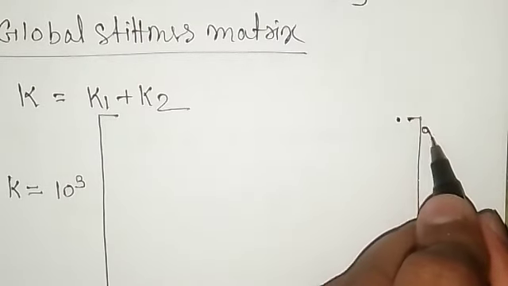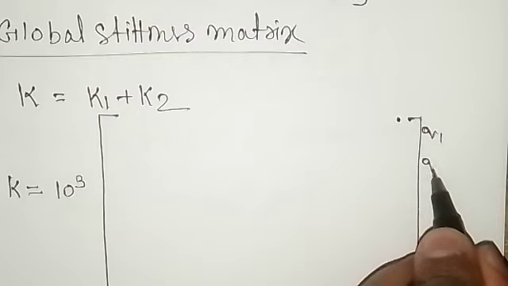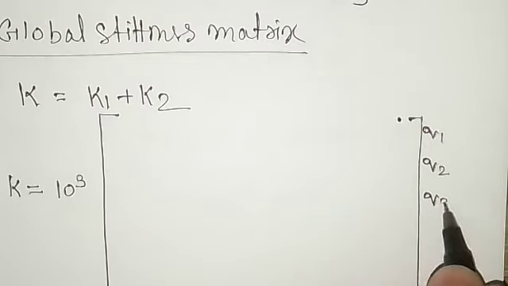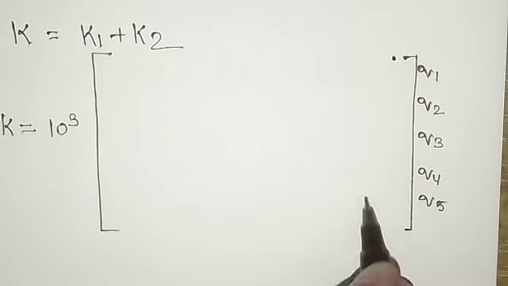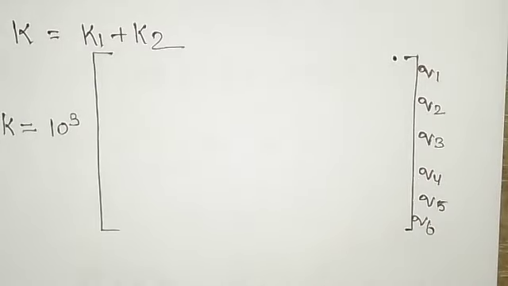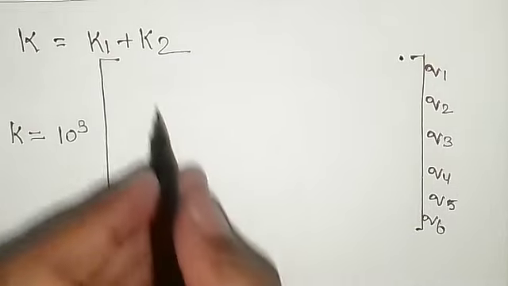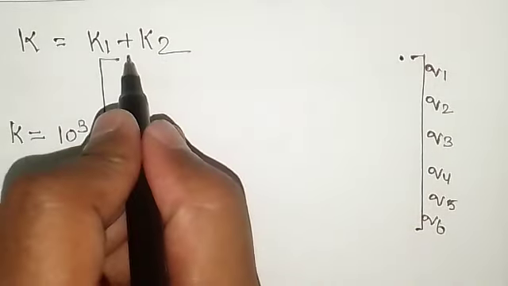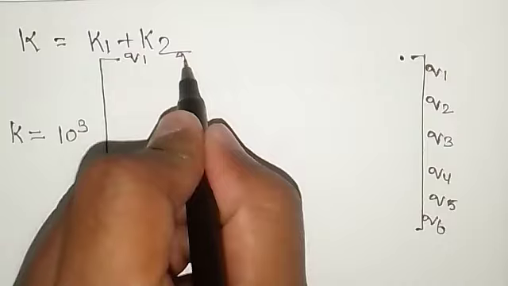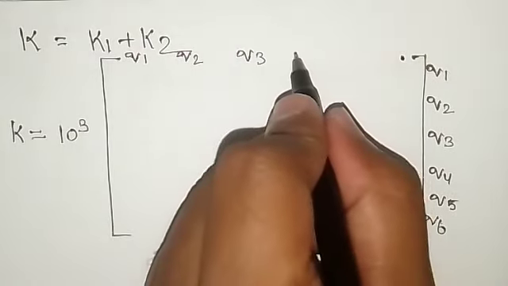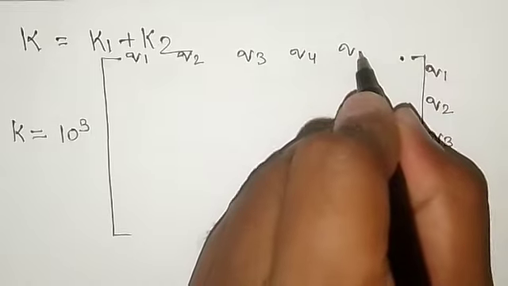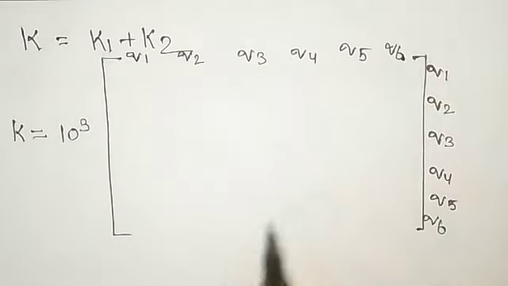This is Q1 for row 1, Q2, Q3, Q4, Q5, and this is Q6, right? Similarly, we don't have space here, or you can write here only Q1, Q2, Q3, this is for the columns, Q4, Q5 and Q6, right?